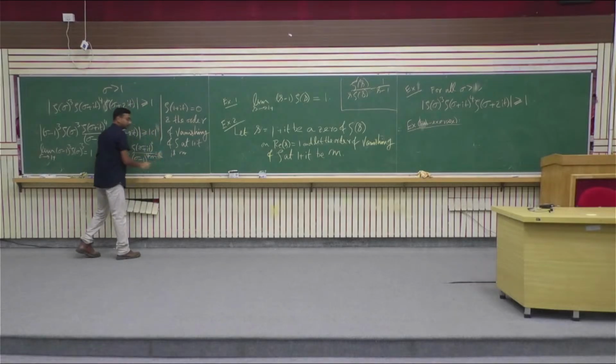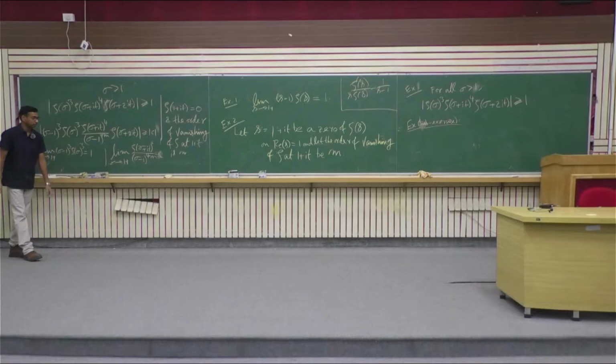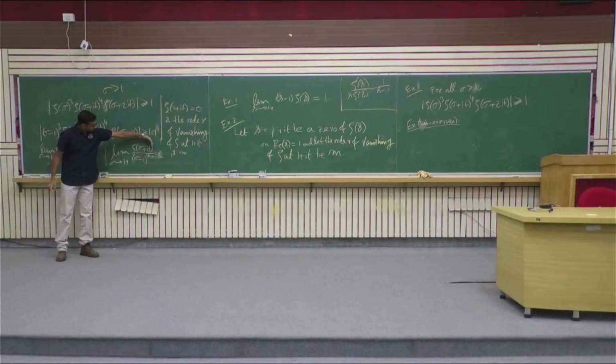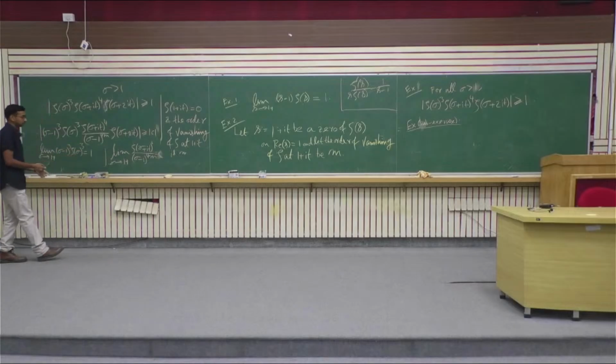We know that it is converging to some limit, and I was just thinking of taking this divided by (sigma minus 1) to the power m, so that would give us some constant. But similarly, if you take the entire thing to the power 4, this is giving you some other constant, which is not equal to 0.